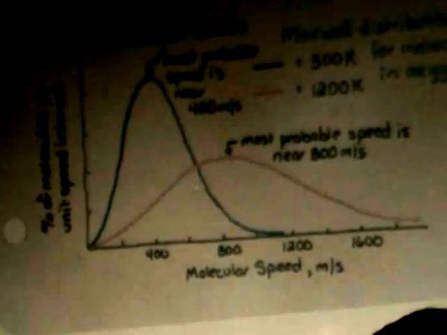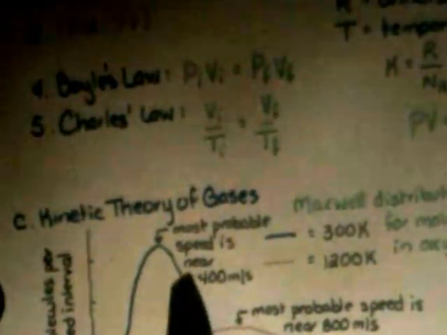Now, why is it shifted over there to the right? Well, look at this tail end over here. We've got some molecules with great speeds, tailing off to the end of this blue graph. That bumps the average up, just to the right of this crest.